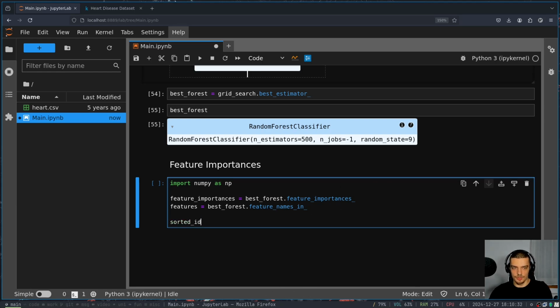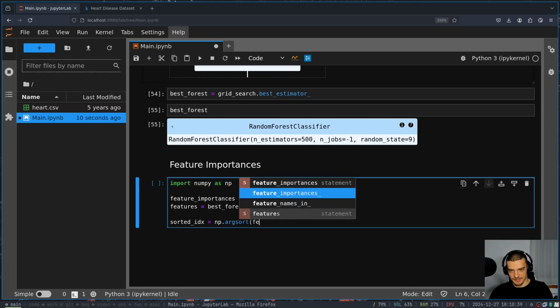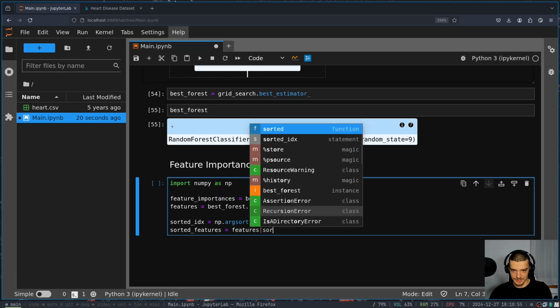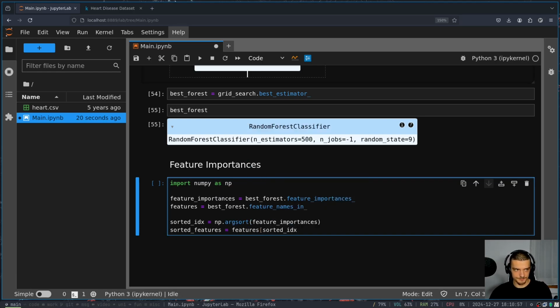We're going to say sorted index is equal to np argsort of the feature importances, so that we know which indices sort the whole thing. And then sorted features is going to be equal to features at sorted index.